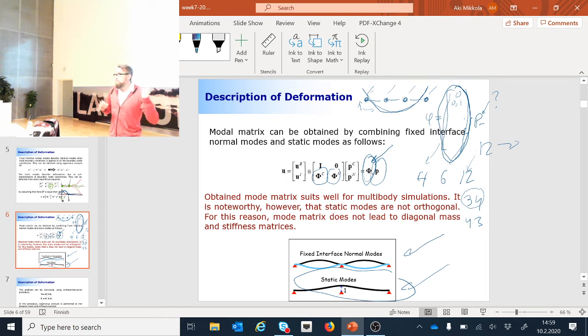They are not coming from the eigenvalue analysis. So that's why they are not orthogonal. They are linear combinations of others. Well, is that a serious problem? Not really, but my final representation of mass and stiffness is not going to be diagonal. So some people, actually pretty much all the people, prefer to fix this minor beauty problem. And how can you do that? Well, you can do that by using a monster that is called orthonormalization.